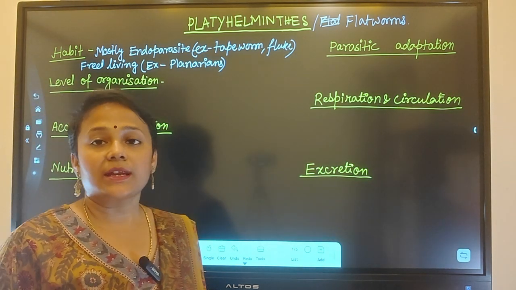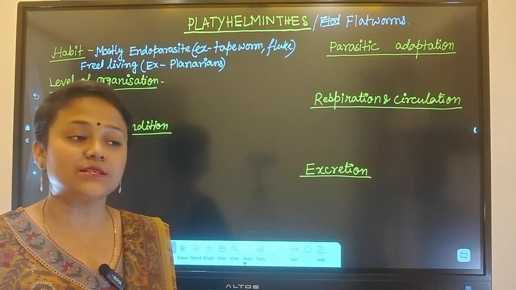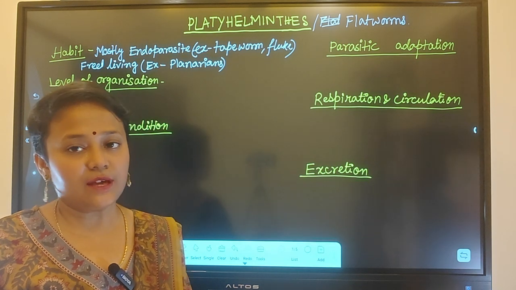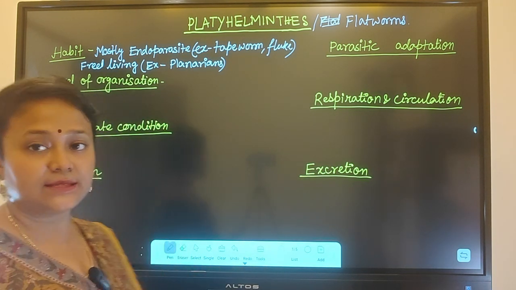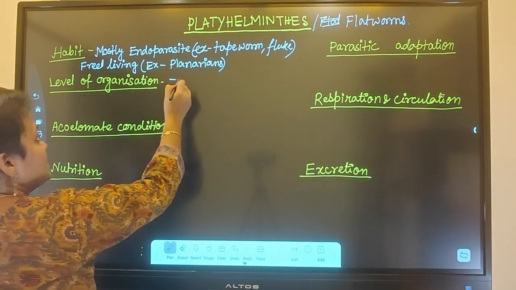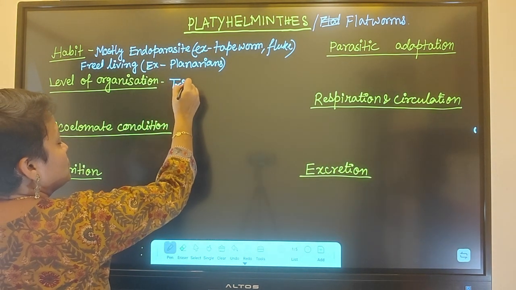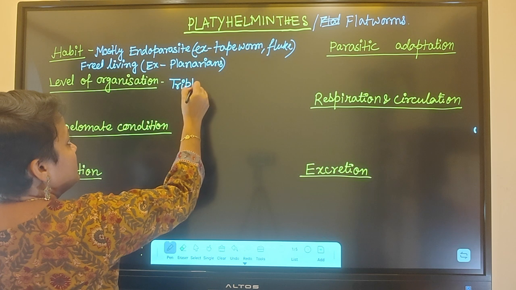Coming to level of organization. We already discussed this when we discussed the basis of classification. They are triploblastic, meaning they have ectoderm, endoderm and mesoderm.